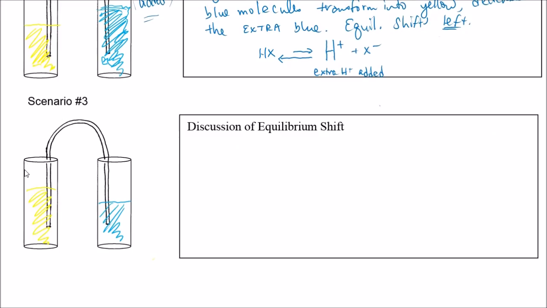Scenario 3, you see I've sketched the colored cylinders here, so you probably want to do that first. In this one, the change was we removed some of the blue. And that, again, disrupted the equilibrium.